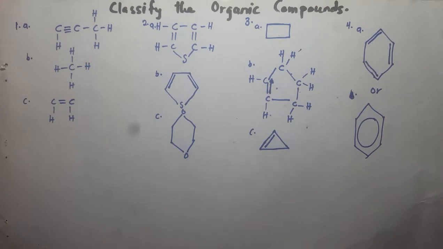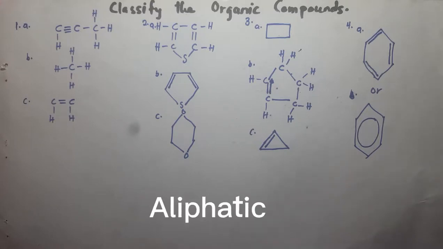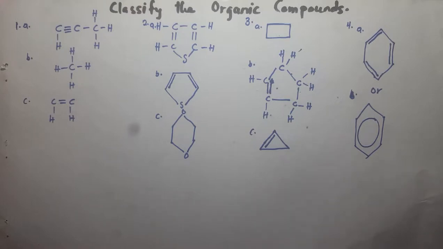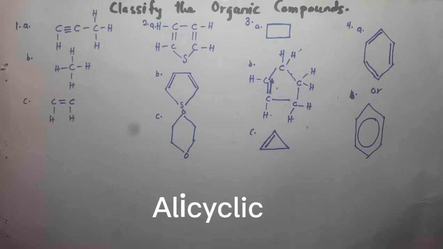From what we have learned, aliphatic compounds are organic compounds in which the carbons are either straight or branched. With alicyclic compounds, the molecules consist of closed or ring carbon atoms, and the rings are usually made up of single bonds or double bonds.